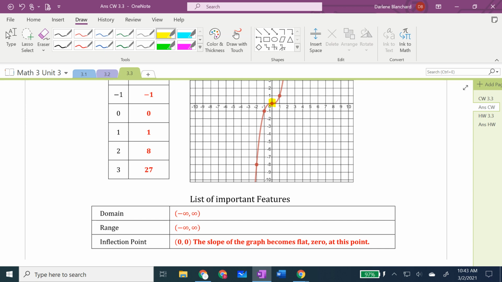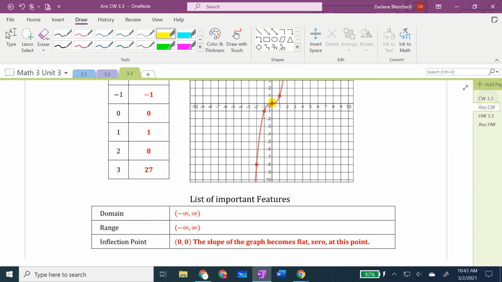And know that the slope is actually 0 right there, but only for that moment. It actually does go flat, but a moment implies that there's some time involved, and there is no time involved in this moment. It's just right there. It's flat, and then it's going back to growing again.